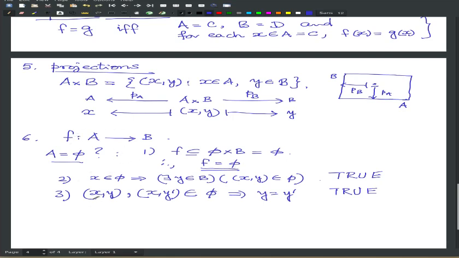So from the empty set to any set B, there is one and only one function. This is the only function. Okay?